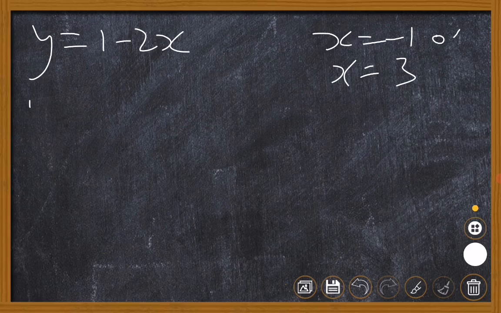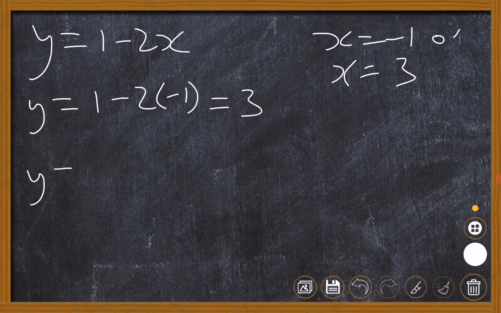If we put minus 1, y is equal to 1 minus 2 times minus 1, and that is equal to 3. Then we also test x equal to 3: y equals 1 minus 2 times 3, that gives us 1 minus 6, which is minus 5.